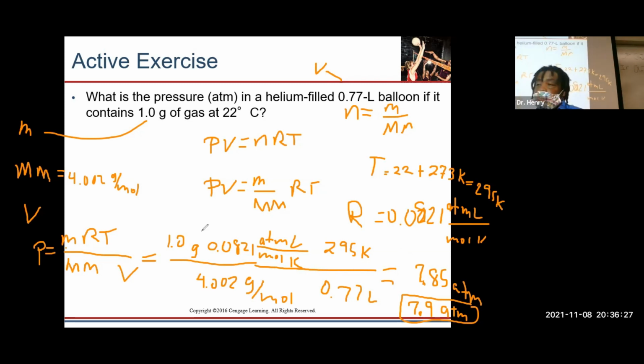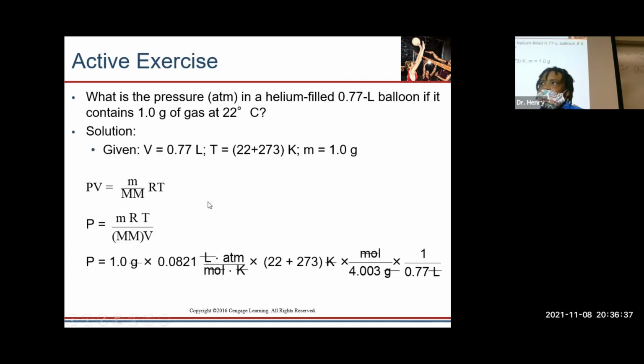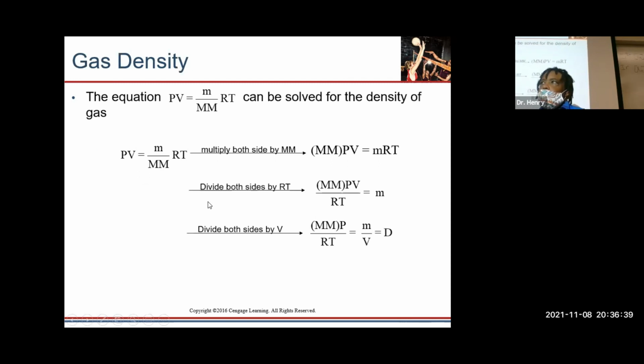Okay. You guys ready for the next one? Don't say no. You should be excited. Into the good stuff. We can also calculate density using the ideal gas law. We know that PV equals m over molar mass times RT.